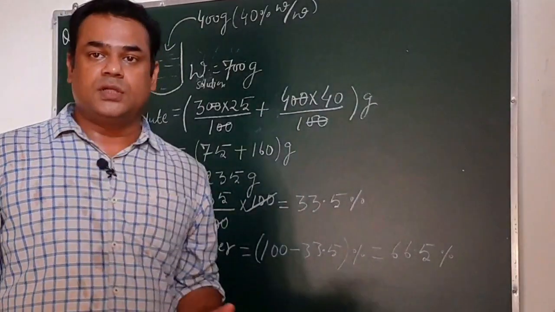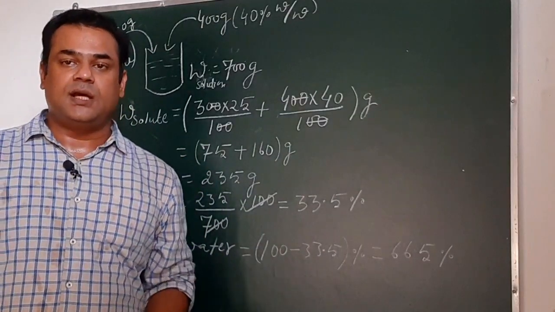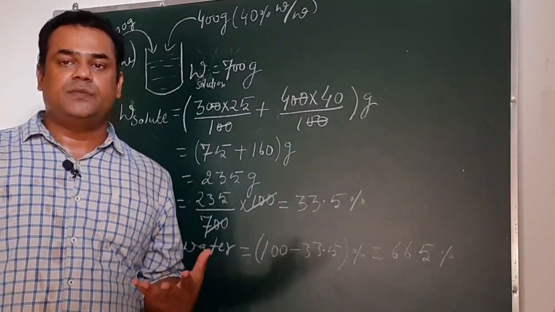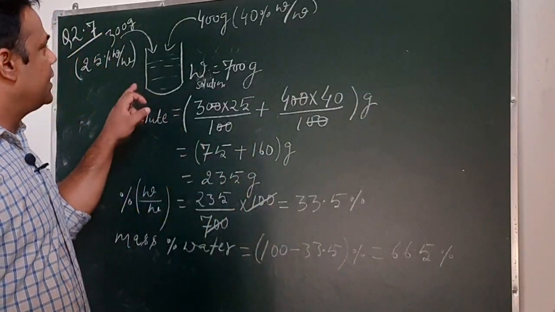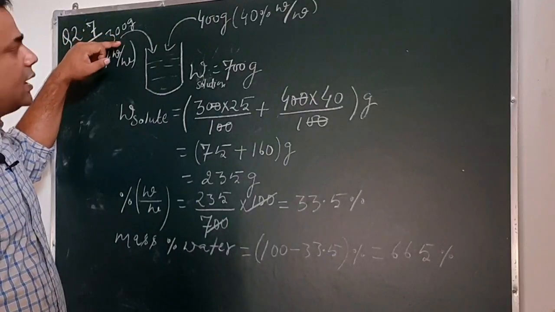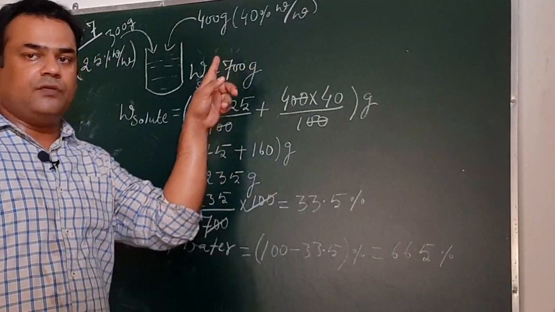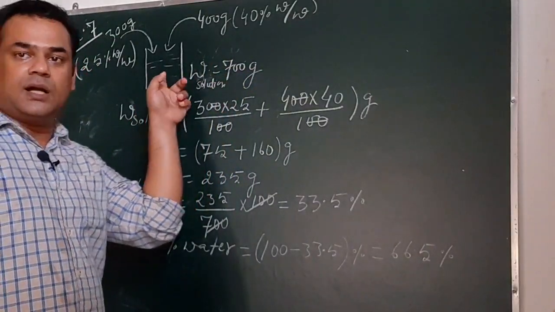So the next question is question number 2.7 from the NCERT exercise. This question is based on a solution prepared by mixing 2 different solutions. We are taking 300 gram of one solution and 400 gram of another solution, and we are mixing these into a container.